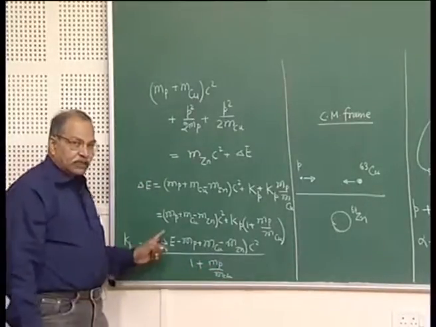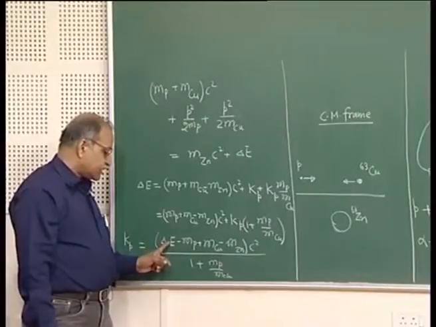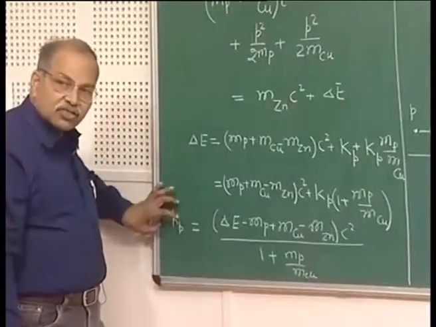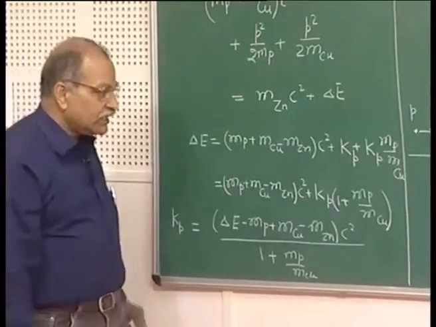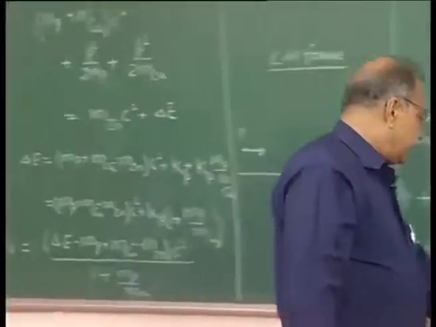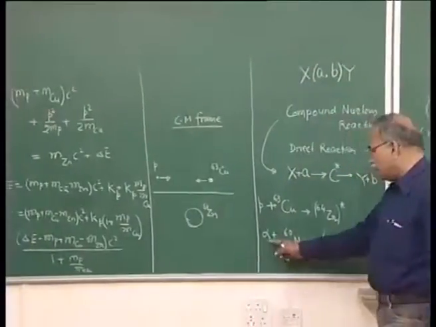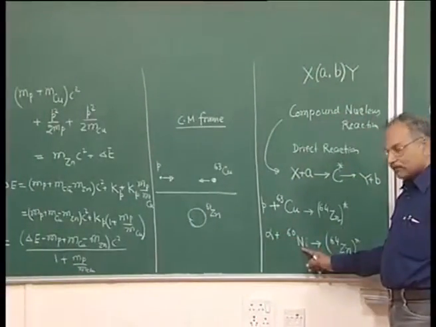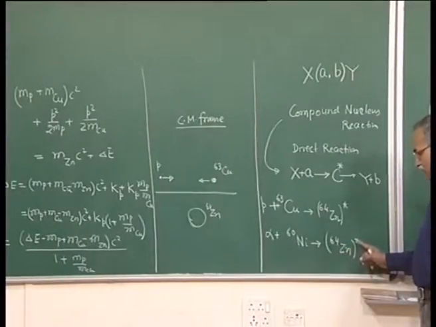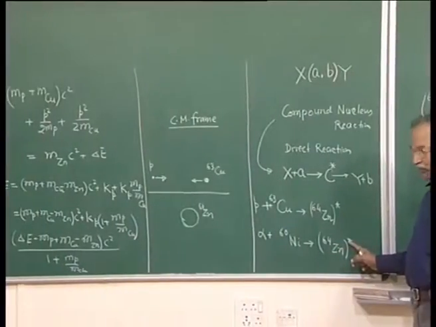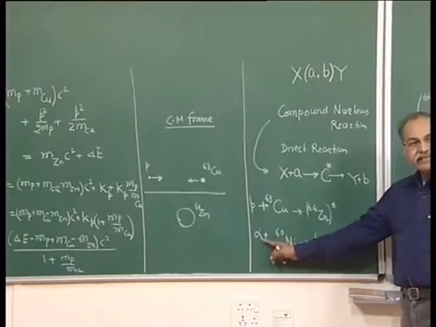So, for a particular excitation energy delta E, you need this much of proton energy, and similarly if you work out the same thing for alpha plus 60 nickel and taking 64 zinc to the same excited state, how much alpha particle energy is needed.